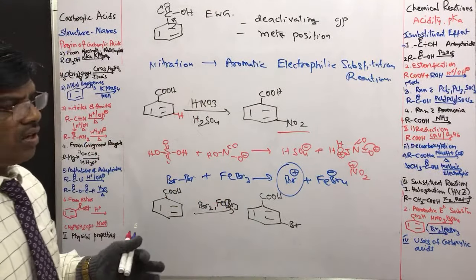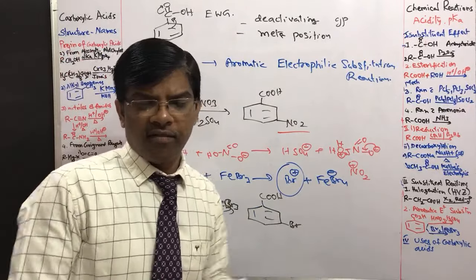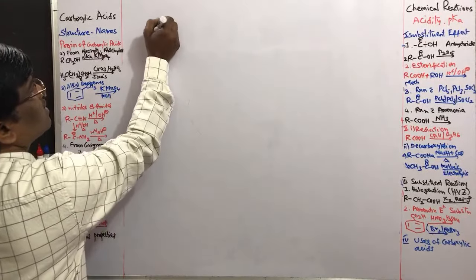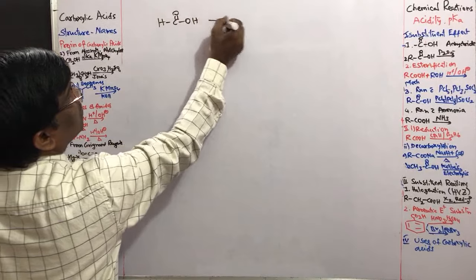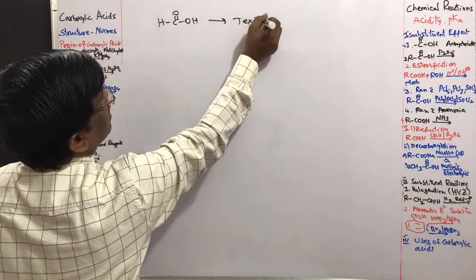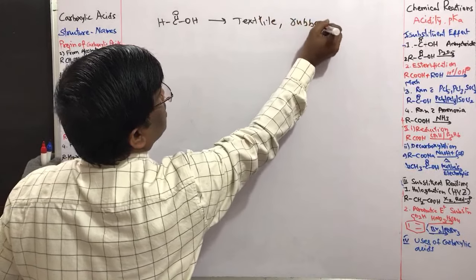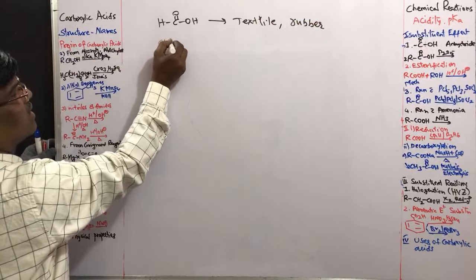Yes students, so let us take some uses of carboxylic acids. What are the uses? Some of the carboxylic acids, like formic acid, are used in the textile industry, rubber industry or polymer industry. And the important one is acetic acid.